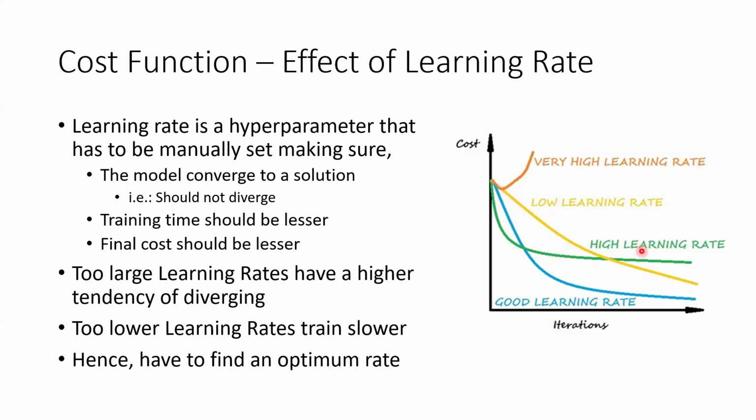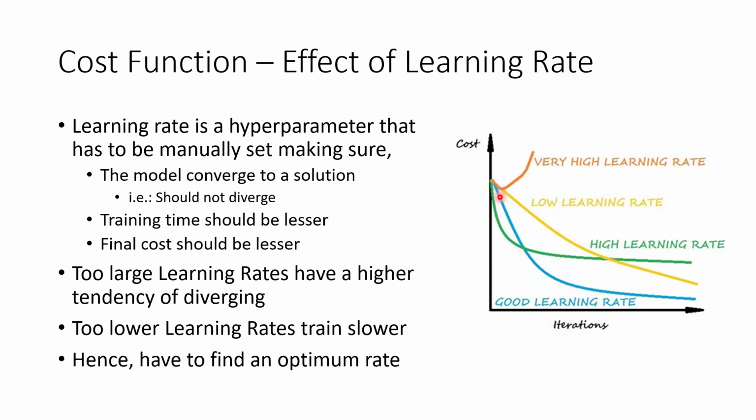And if you are using a very high learning rate, it would not actually converge, but it would diverge, moving away more and more from the optimum point. So this is not suitable at all, right? You should never use a very high learning rate. If you find that your learning rate is too high, you can move to a lower learning rate and try, right?